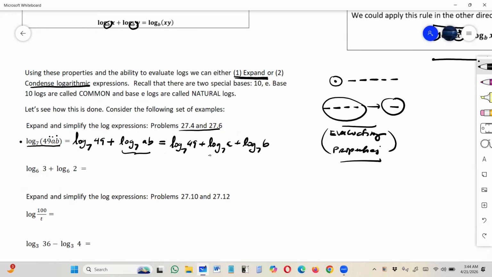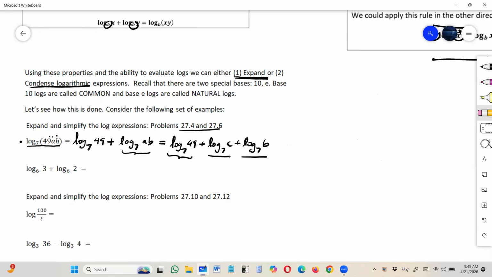Now, log base 7 of A, log base 7 of B, there's nothing else that you can do, but take a look at log base 7 of 49. I can see, or I have to check, if this can be evaluated using the basic definitions of log. And sure enough, it is. Log base 7 of 49 is actually 2 because 7 squared is 49.